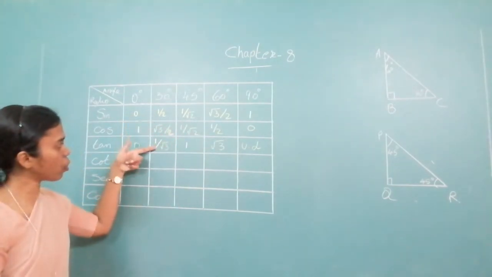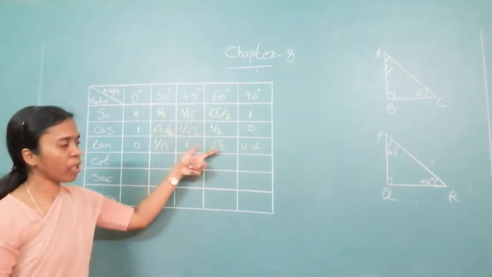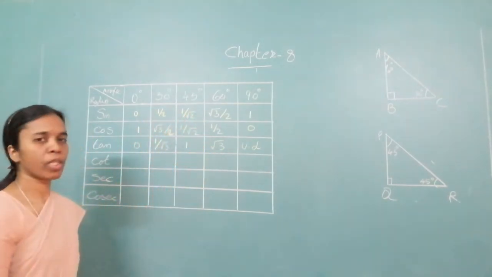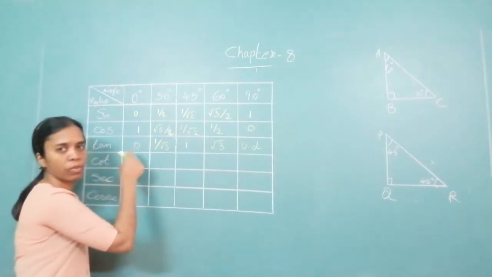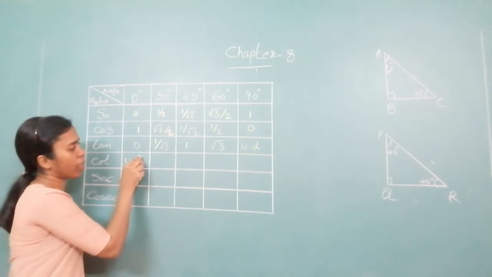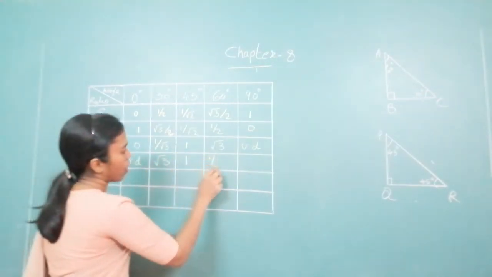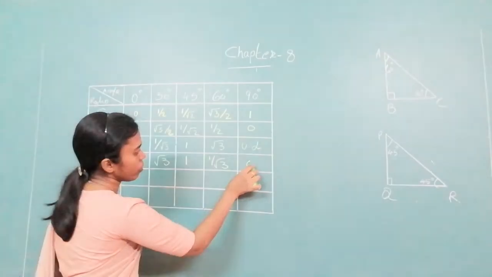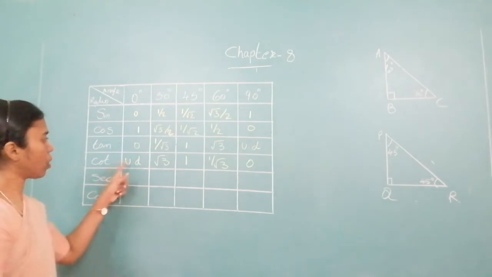Okay. 1 upon root 3. 1 upon 1, 1. Root 3 upon 1, root 3. Because the denominators get cancelled. Now cot, again write this in the reverse order. So you will start undefined, root 3, 1, 1 upon root 3, 0. Okay, just the other order.